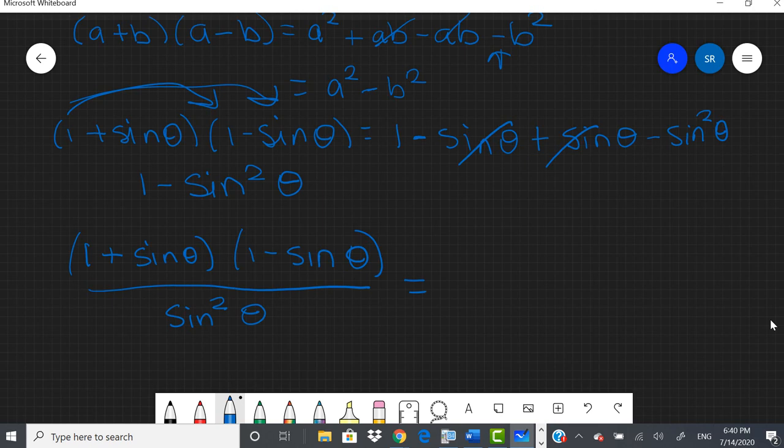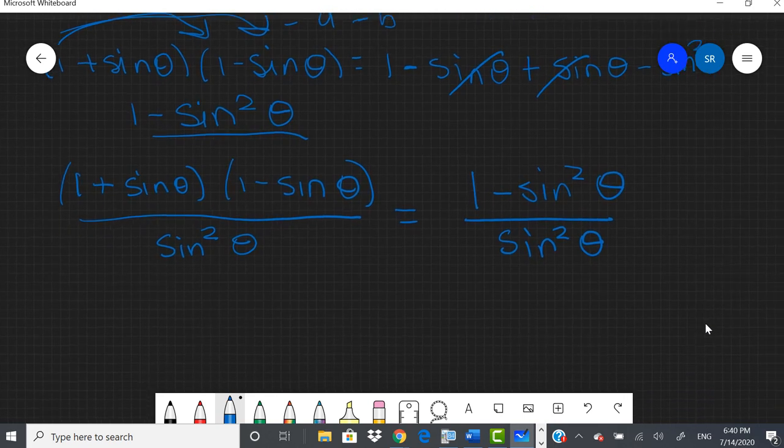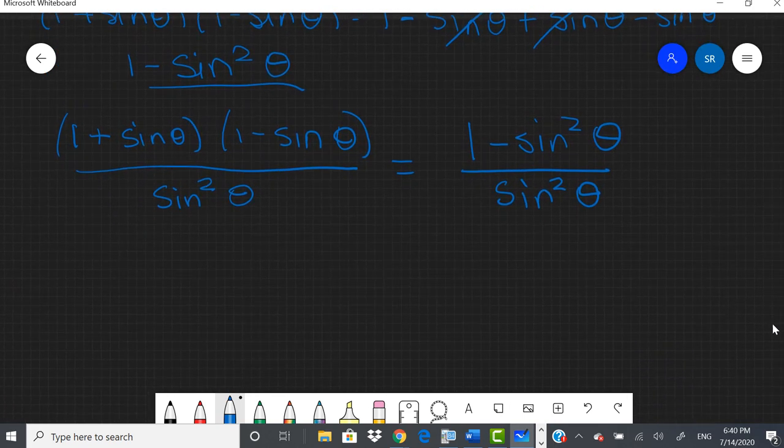Once we do this, you end up with, as I showed you above, 1 minus sine squared theta divided by sine squared theta. And here come the trig identities that you need. If you look at your identities, you'll notice sine squared theta plus cosine squared theta equals 1. We can mess around with all of these identities, not just this one.